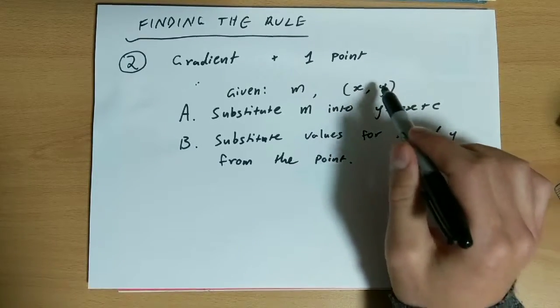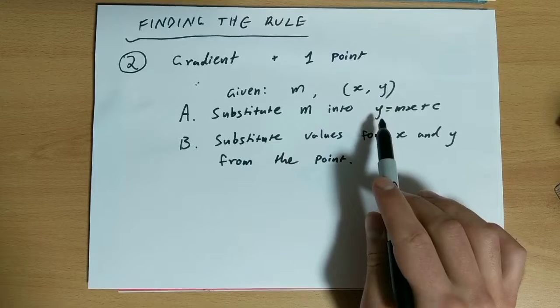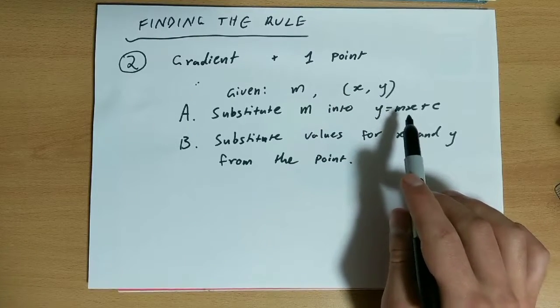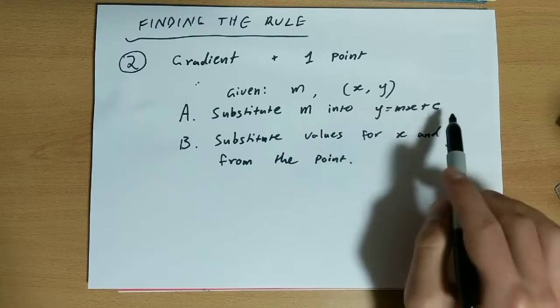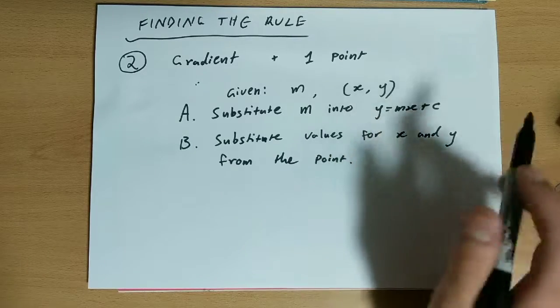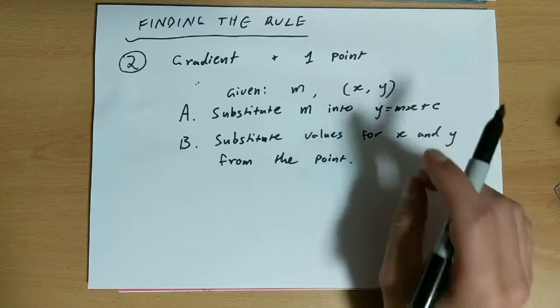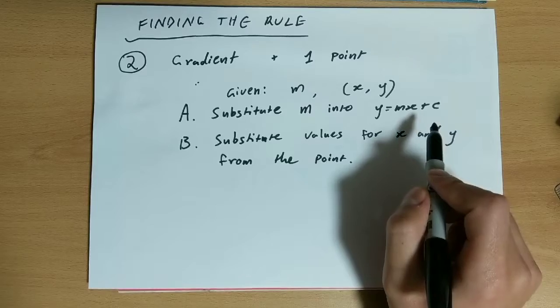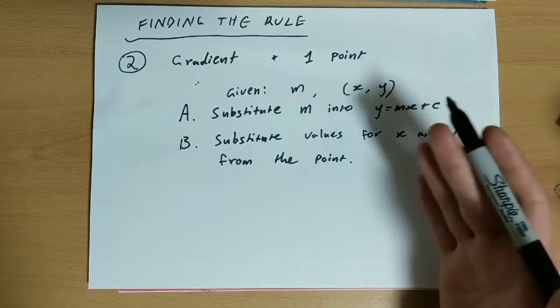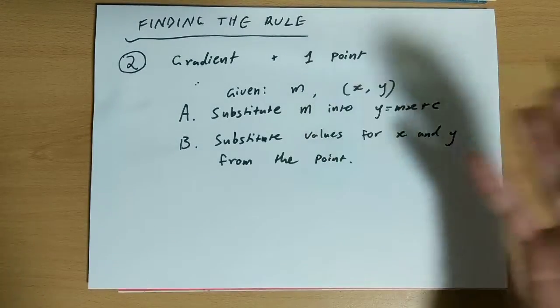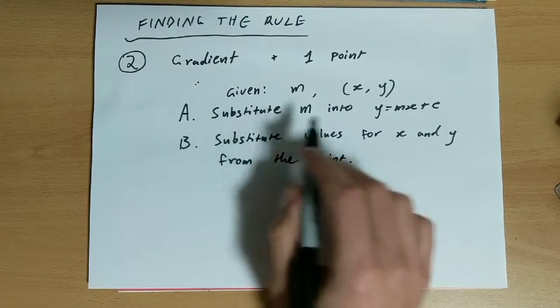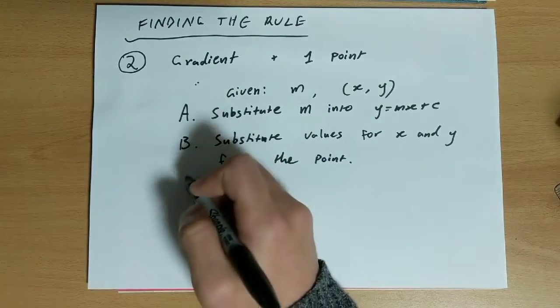So if I take that y value and put it into my equation, and take that x value and put it into my equation, then the only thing that I don't know about that equation at that point is the c value. And therefore, using my skills at solving linear equations, we can solve that. So I've substituted m, then I substitute my values of x and y.